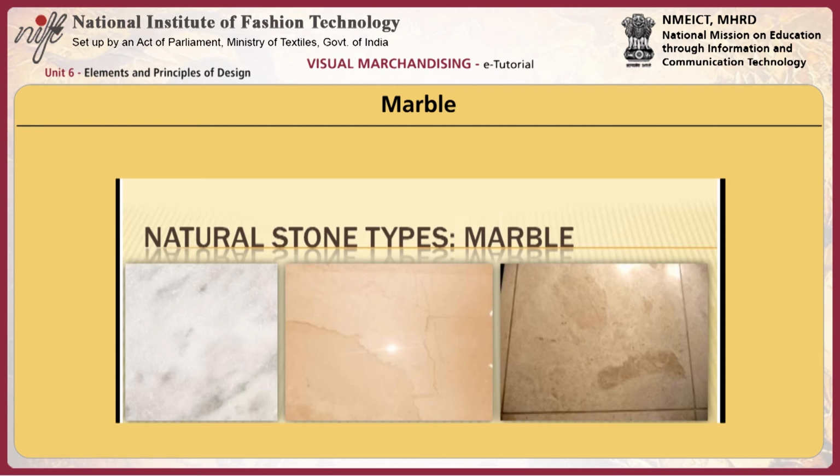Here we are discussing only the natural stone types. First, marble. The character of marble: it often has distinct veining with a wide variety of colors. Marble is a metamorphic crystalline rock formed when limestone has additional heat and pressure applied to it by the earth's crust, causing the stone to recrystallize.